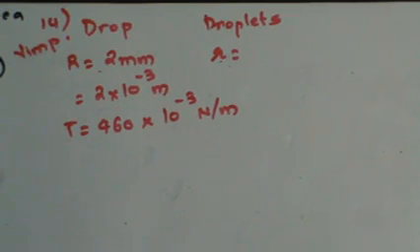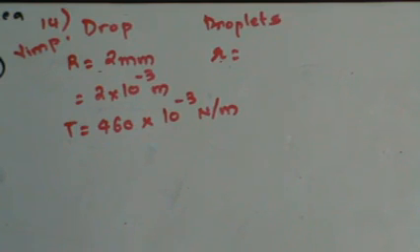Now, one drop breaks into a million droplets, right? Even if one drop breaks into a million droplets, will the volume of mercury change? No. If I break a single drop of mercury into a million droplets, even then the volume of mercury should remain the same.